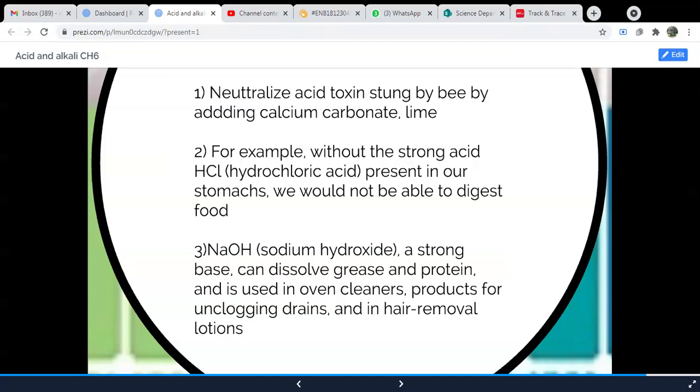The second example is in your stomach, where there is a strong acid, hydrochloric acid. The pH of hydrochloric acid in your stomach is usually in the range of 1 to 2.